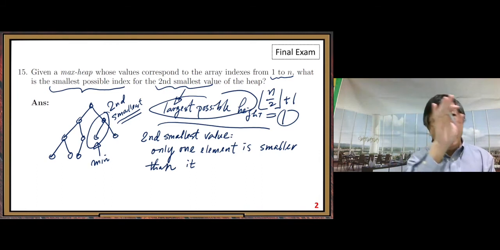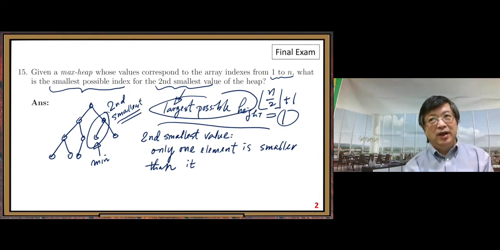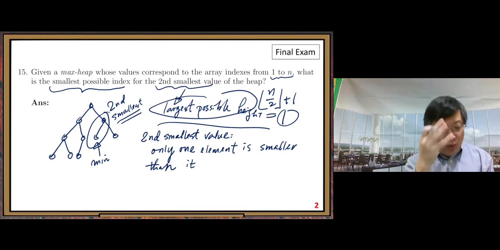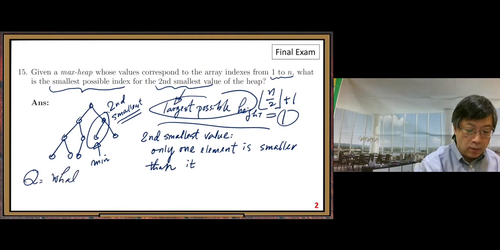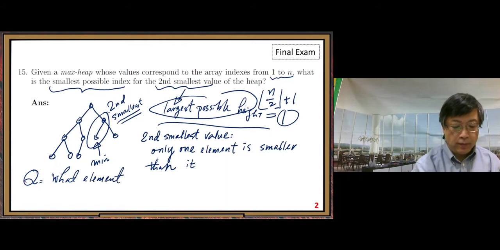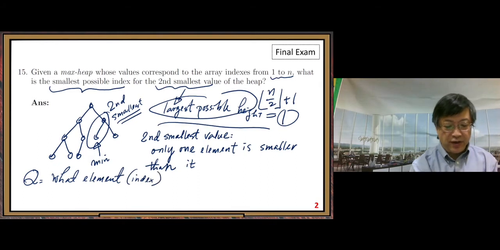Now think about what element has height 1. What element means its index. You look at its index.